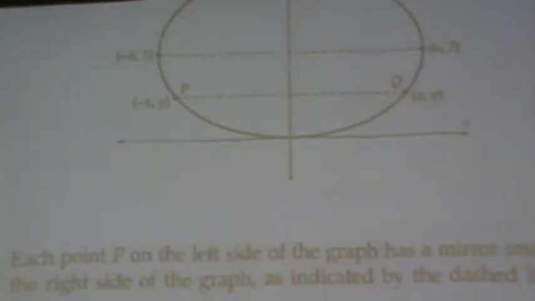When I talk about the y-axis, I am talking about this axis right here. And if I talk about symmetry to the x-axis, I am talking about this. Something that looks like this, a parabola on its side, has symmetry to the x-axis.